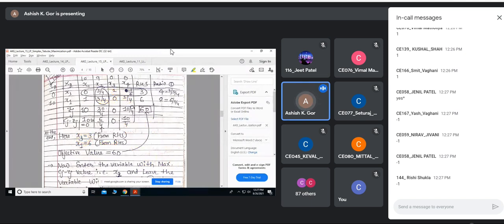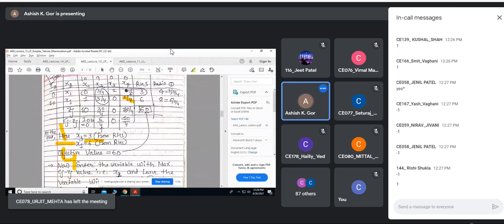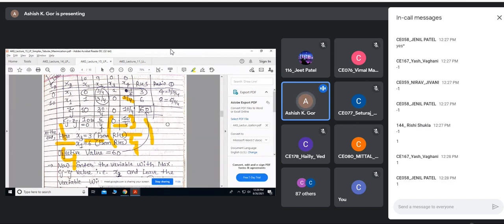Then please help me to find out for 1 by 4. What is the new value for second row, fourth column? 1 by 4 minus the corresponding key row value, which is minus 3 by 4. The first row is the key row, minus 3 by 4 is the corresponding key row value, plus 3 by 4 is the corresponding column value, right?